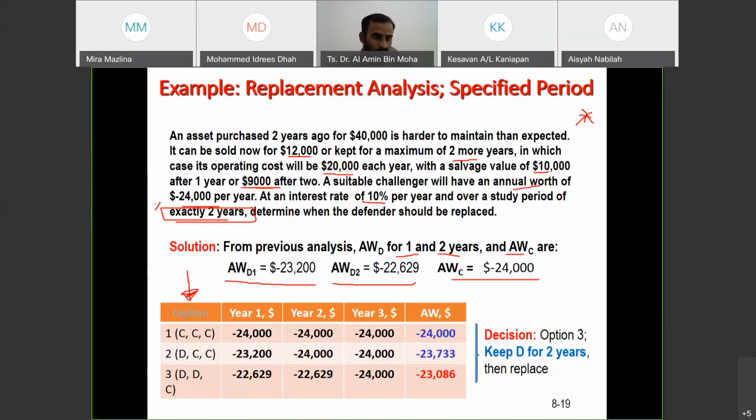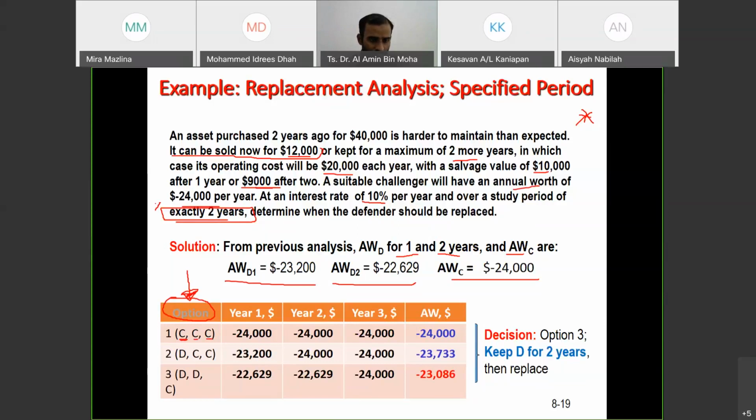So what are the options? We need to list down all the options that we have for year 1, year 2, and also the final year after year 2. We can use the challenger, meaning that we just sell the asset now: challenger year 1, challenger year 2, challenger year 3.